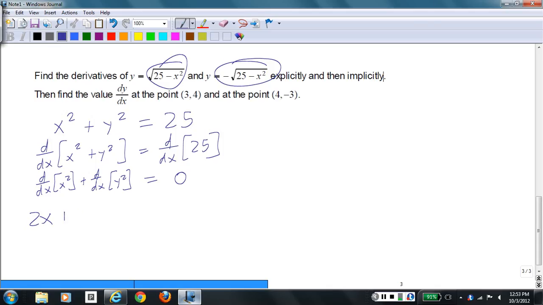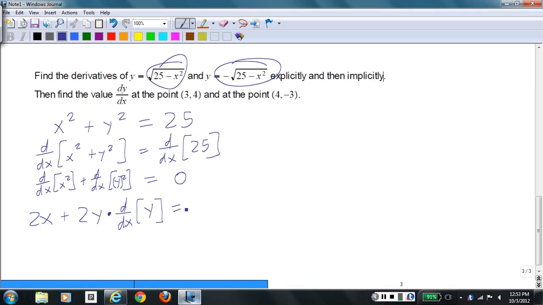So how do you take the derivative of something squared? It's 2 times that something, but the chain rule says multiply by the derivative of what's inside the parentheses. Well, what's inside the parentheses is the expression that was being squared. So we have to multiply by the derivative of y. We might not know y in terms of x, but we know we have to multiply by the derivative of y.